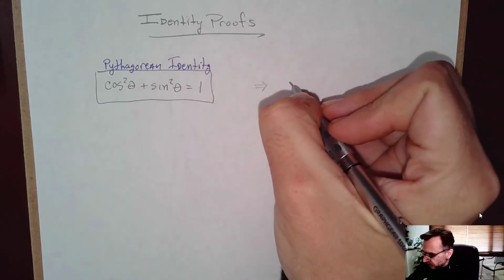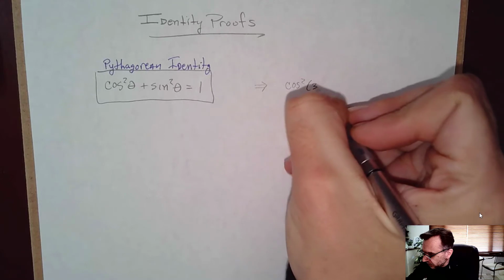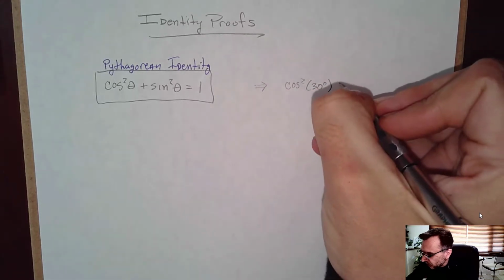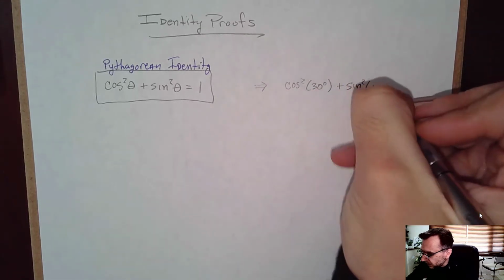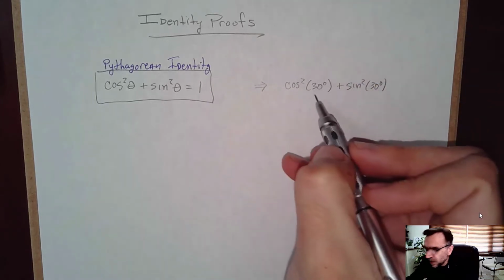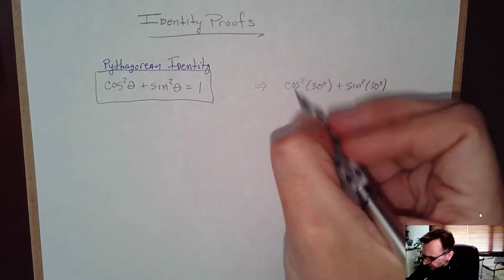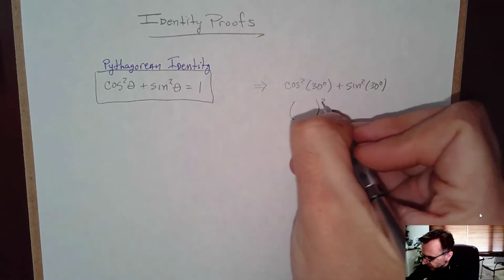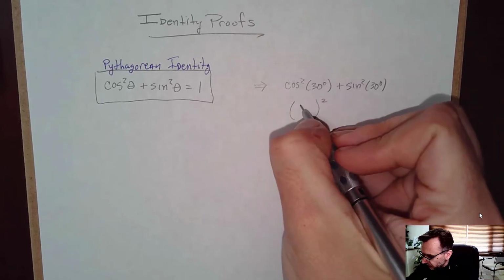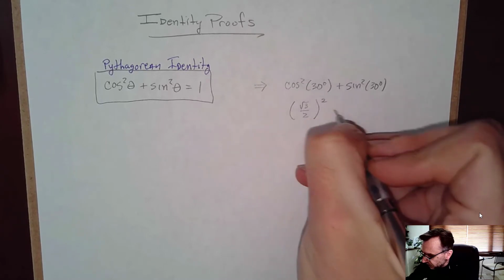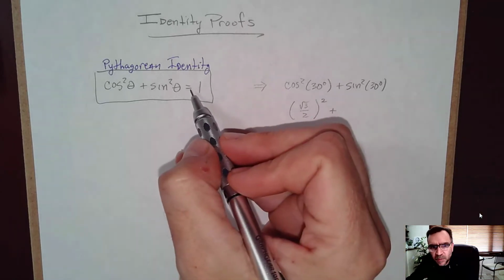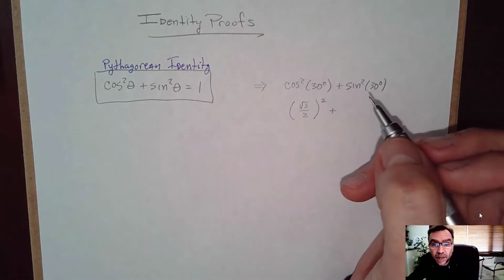So for example, if I did cosine squared of 30 degrees, choosing 30 degrees, plus sine squared of 30 degrees, right? Plugging in 30 degrees in for theta, we know the square means we're going to square cosine of 30 degrees, and that's square root of 3 over 2. Now, when you plug into identity, it should be equal to 1 no matter what, right?